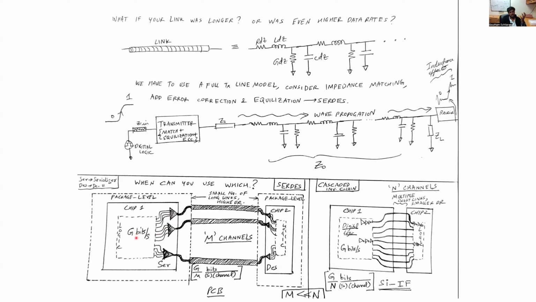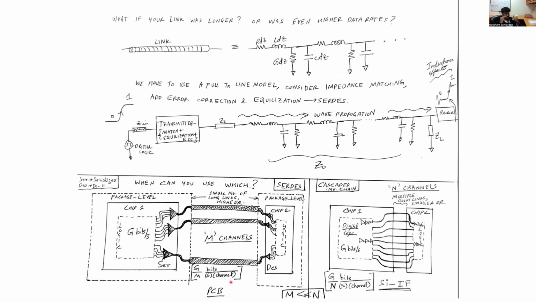So imagine that chip one was generating data at the rate of G bits per second. These G bits per second now have to be divided among M channels. So the data rate per channel is going to be G over M bits per second per channel.